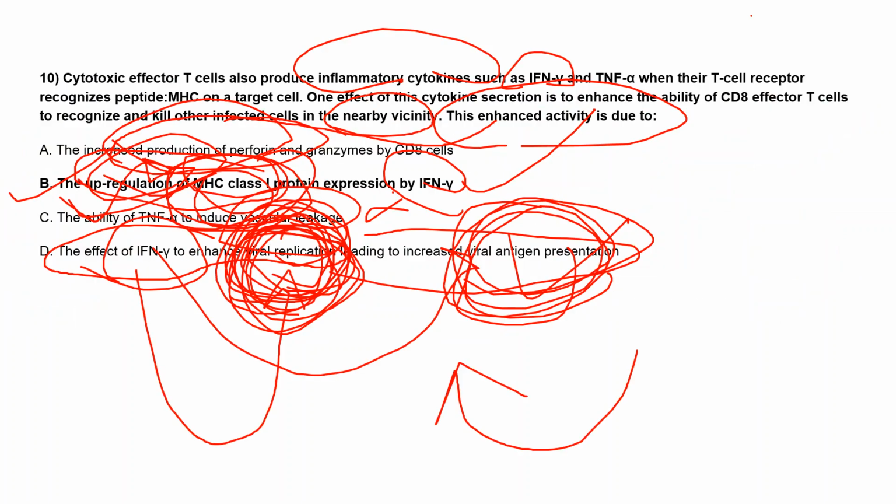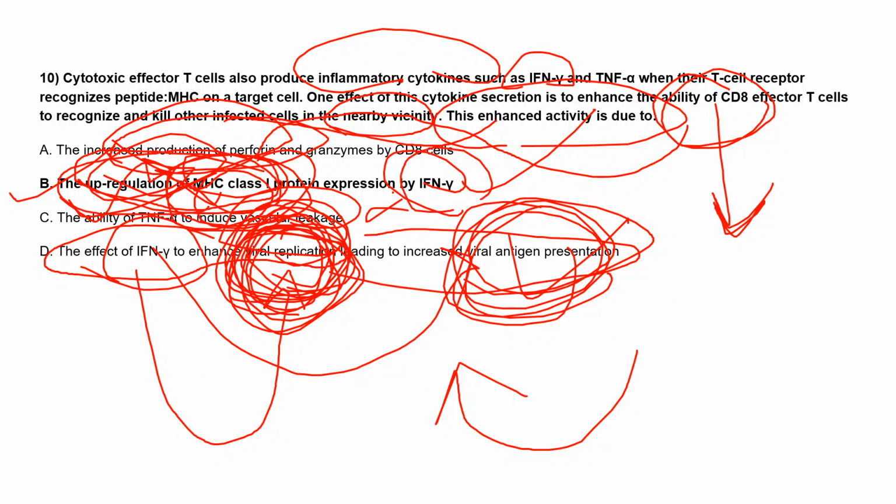But here they mentioned the virus, and T cells, CD8 cells. As we know, CD8 cells act in case of viral infection, right? And here the only MHC taken into account is MHC class 1, not MHC class 2. So that's why it is the upregulation of MHC class 1 protein expression by IFN gamma.